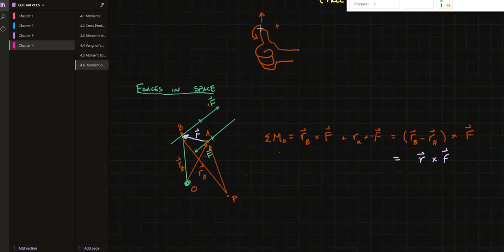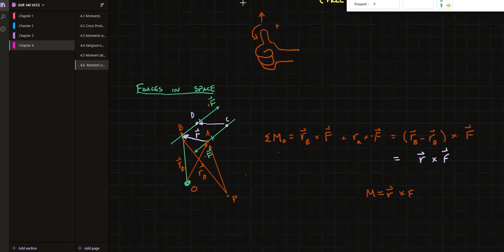If I were to do that, we still end up with the moment equals R cross F. Furthermore, I could choose different points here, C and D, and I can go from any point.